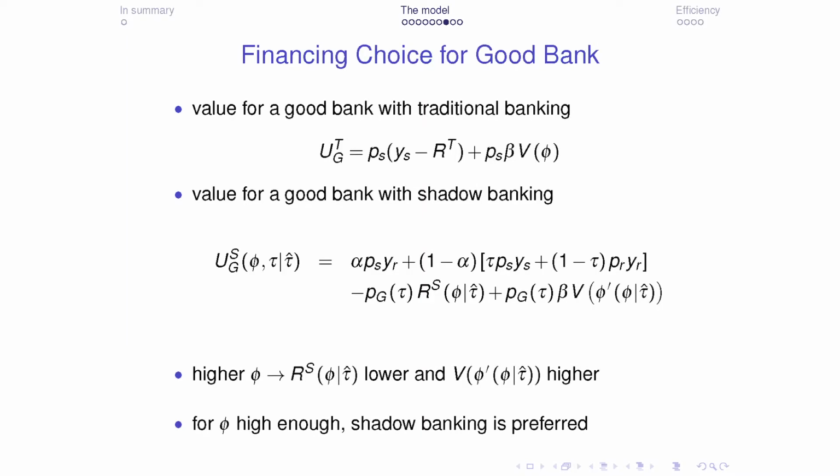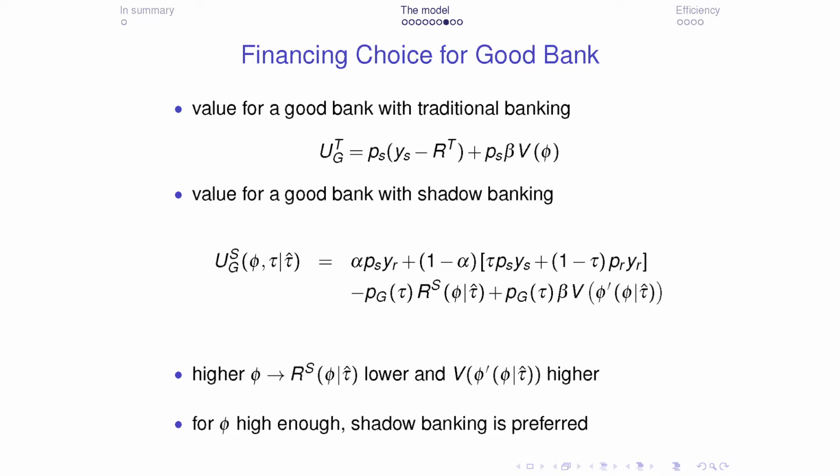You can think a little bit about what happens if phi is higher, if the reputation is higher. What the bank has to repay in the shadow banking system is less, right? Because now the lenders think there is a higher probability that the bank is good.